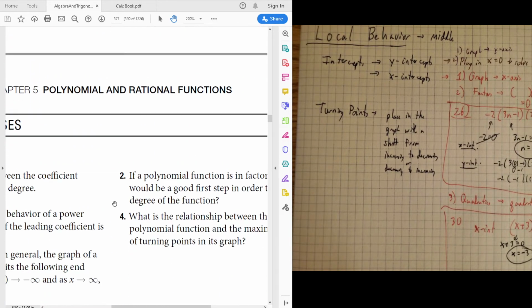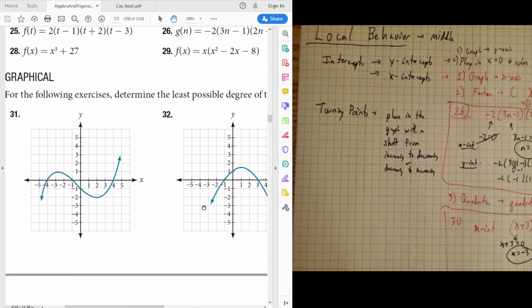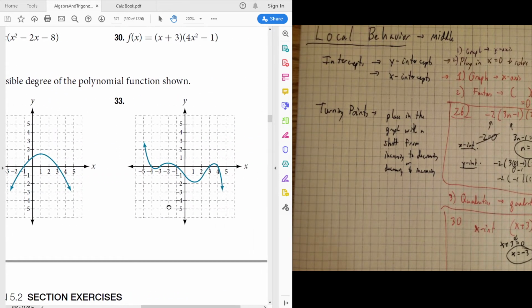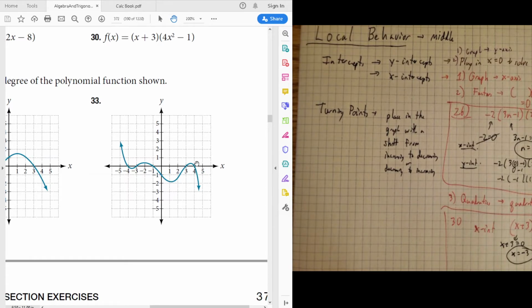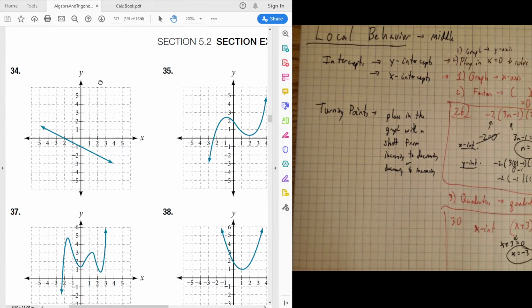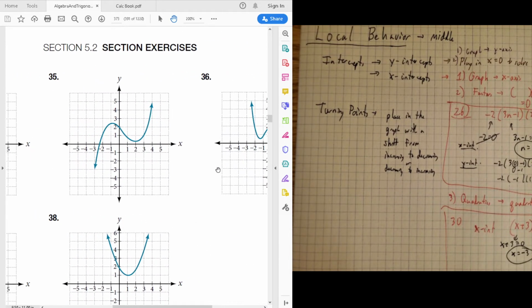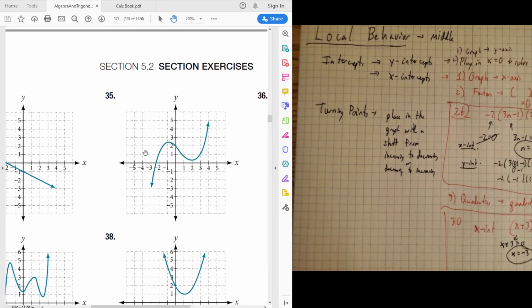And if I look at some of these examples here in the text, in the homework, 2 turning points, 1 turning point, 1, 2, 3, 4 turning points, no turning points, 2 turning points, 3 turning points. You can very easily visually see the number of turning points. And there's actually another way.